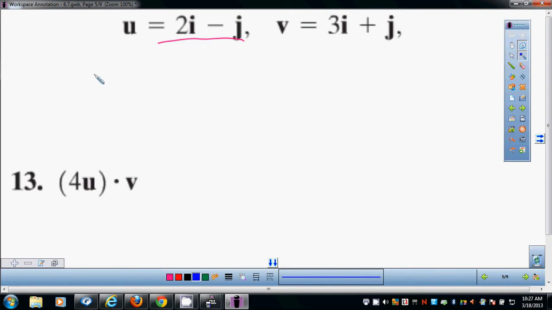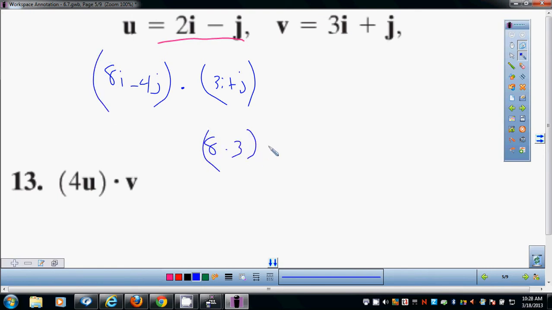That's right. And then I'm going to dot that with v. So I'm going to dot product those two vectors. So it's 8 times 3 plus negative 4 times 1. 24 plus negative 4. Hey, 20 again. How about that? Did I answer your question, Jenny? Excellent.